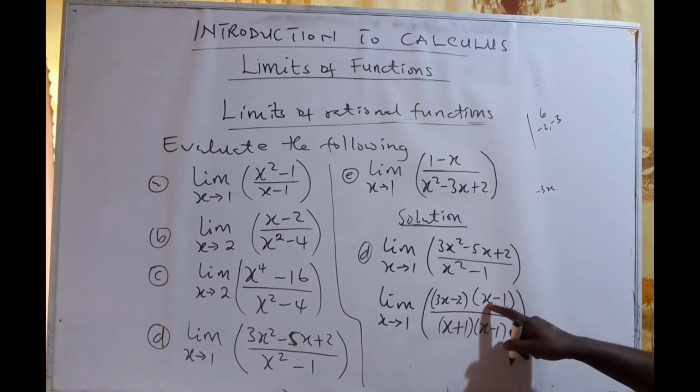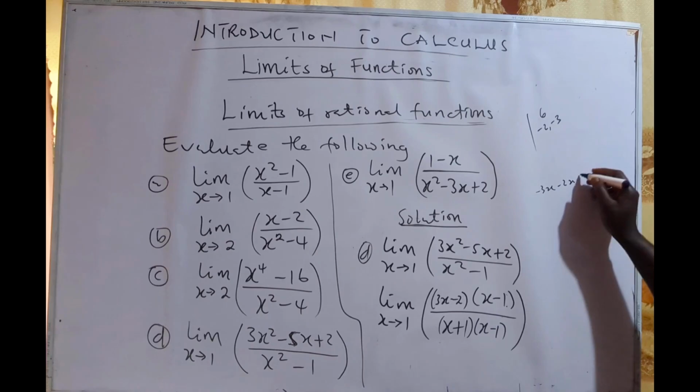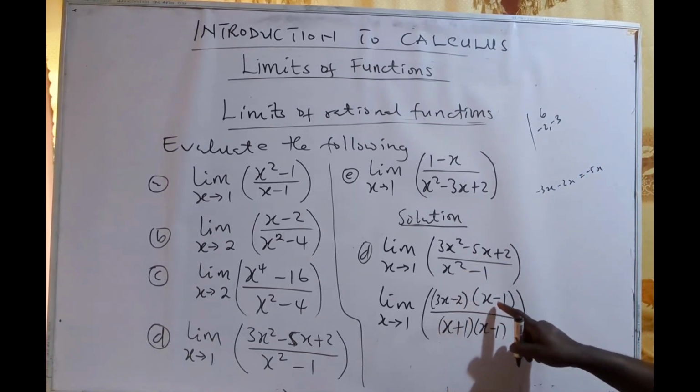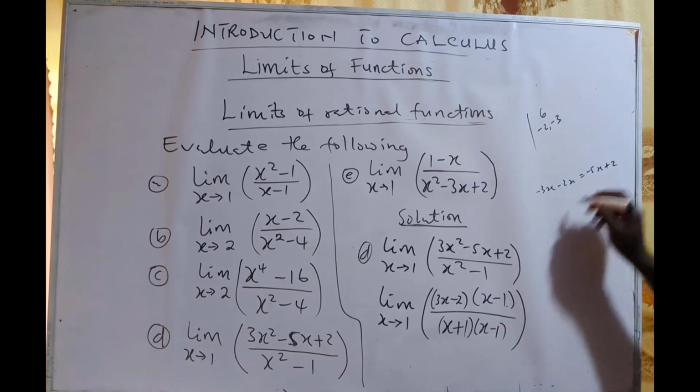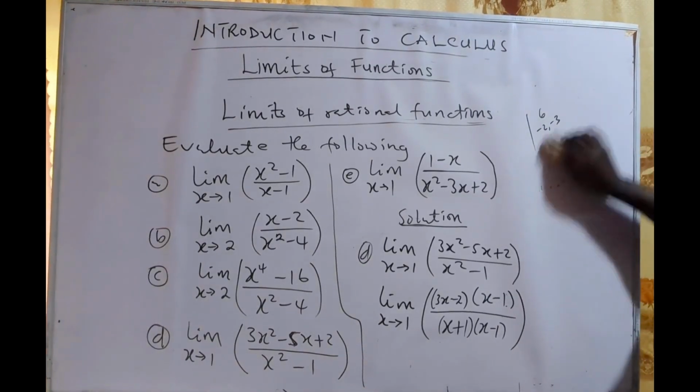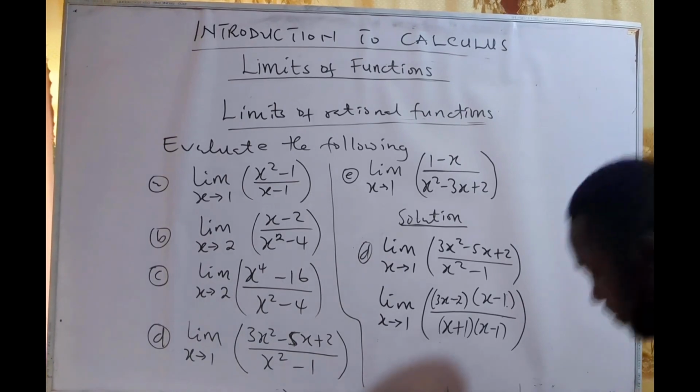And then minus 2 times s will give me minus 2s. That will give me the negative 5s, and that is here. And then minus 2 times minus 1 will give me positive 2. That will give me this. Alright, so it means that our factorization is correct.